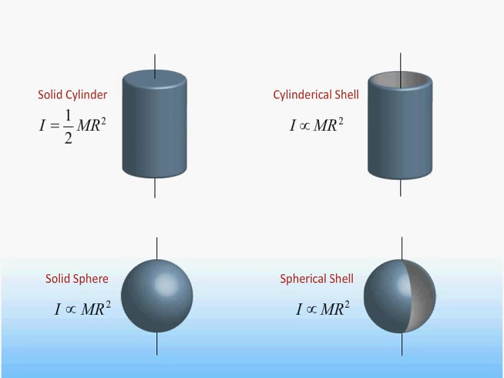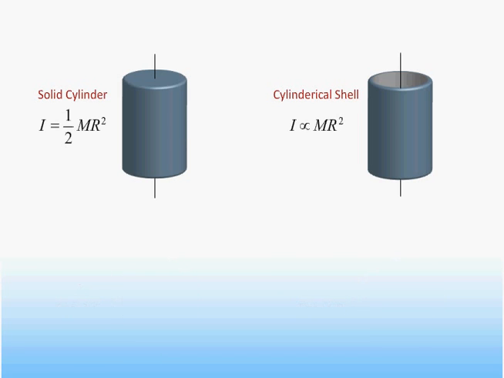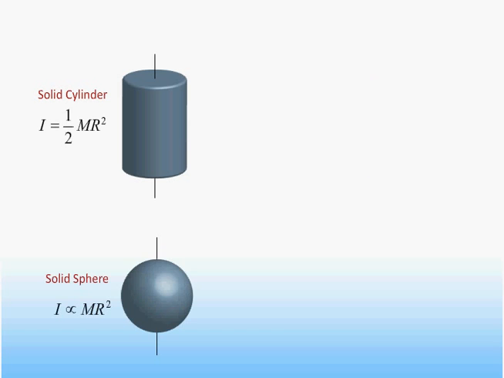The larger this constant, the more mass is located far from the axis. For example, it is easy to see that for a cylindrical shell, this constant of proportionality is just equal to 1, since all of the mass is located at the radius of the shell. Here we see a solid sphere and a solid cylinder.